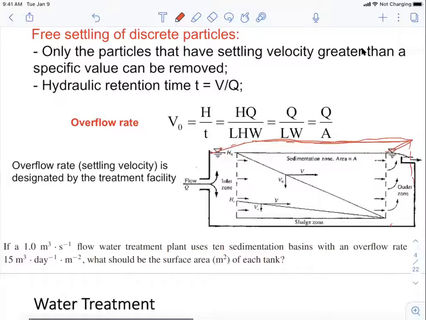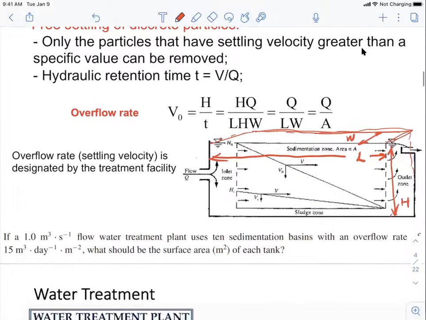And then we can further assume that this is the length of the basin, this is the height of the basin, and here you have the width of the basin. If we want to consider the critical velocity, that's going to be the particle that flows from here all the way here, diagonally.